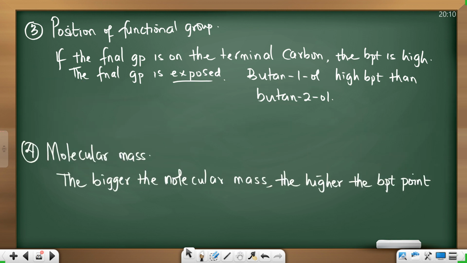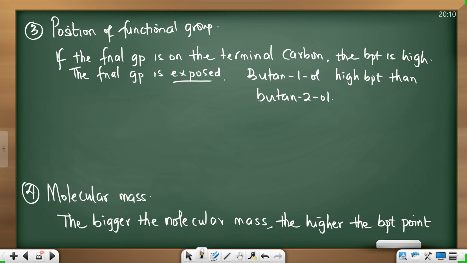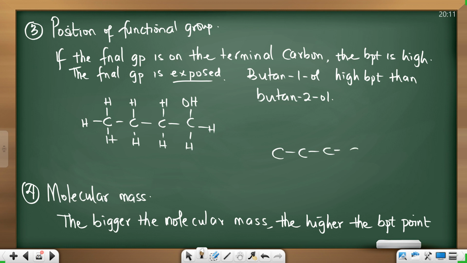Butan-1-ol will have a higher boiling point because the hydrogen bond, which is very strong, is exposed. They are positional isomers, so the one with the terminal position of the functional group will have a higher boiling point.